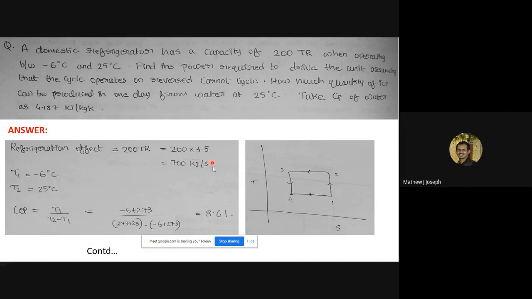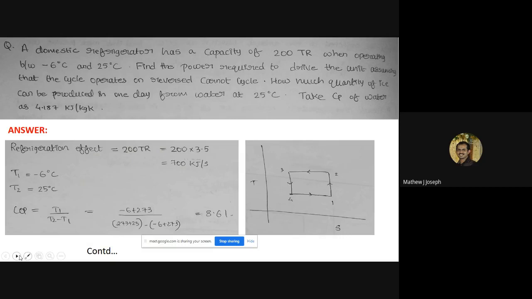Please note this unit, always take care of the units. The refrigeration effect is given as kilojoules per second. That is, what is the amount of heat absorbed by the refrigerator per second? That is 700 kilojoules per second.